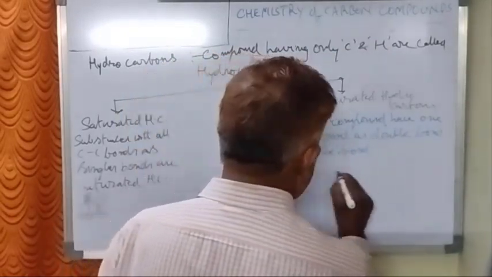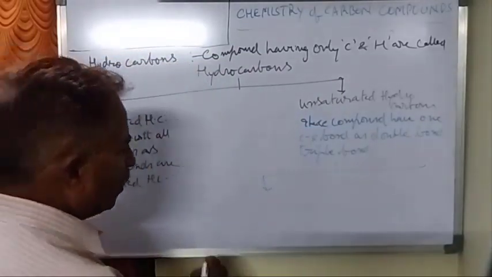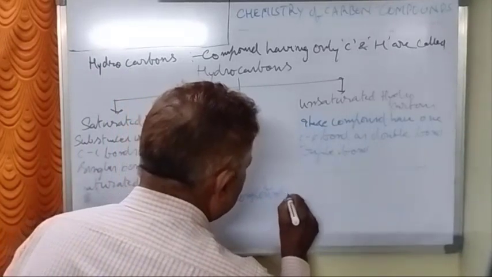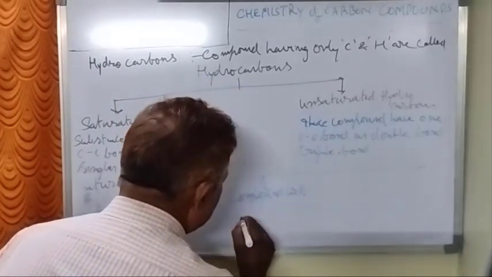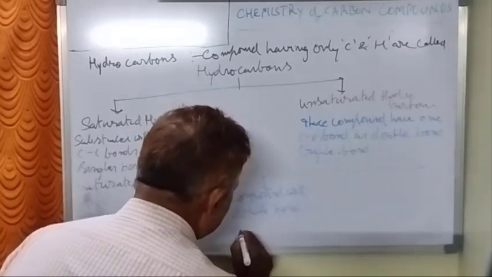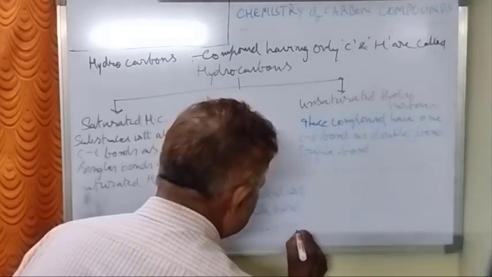So if the compounds have a double bond, again they are divided into two categories. Compounds with double bond are called alkenes.